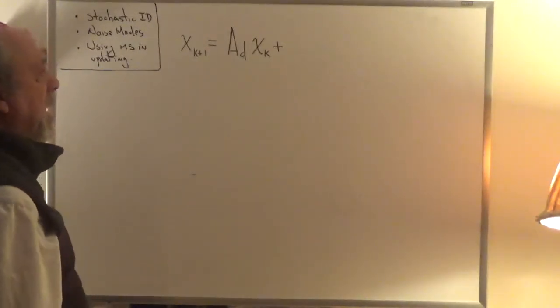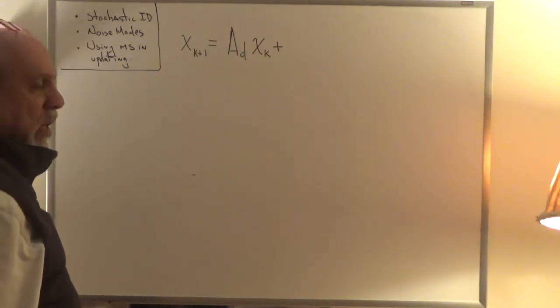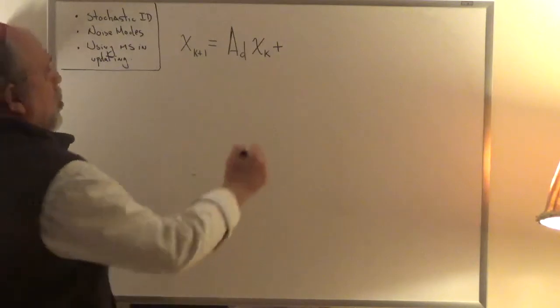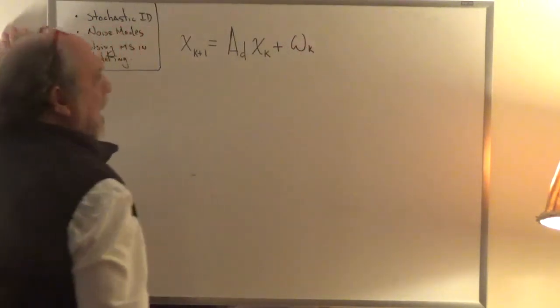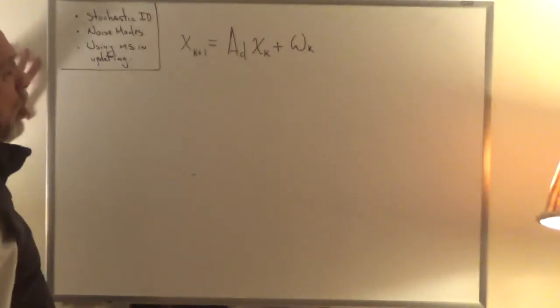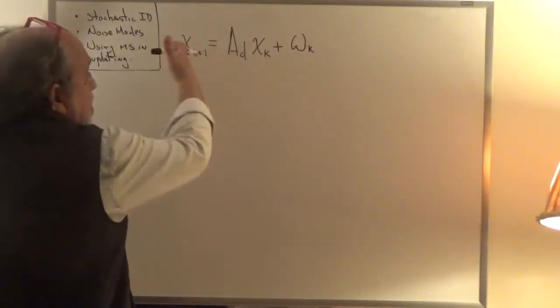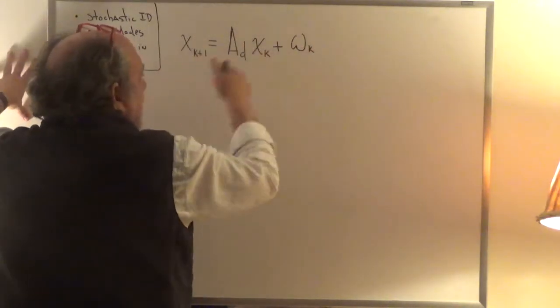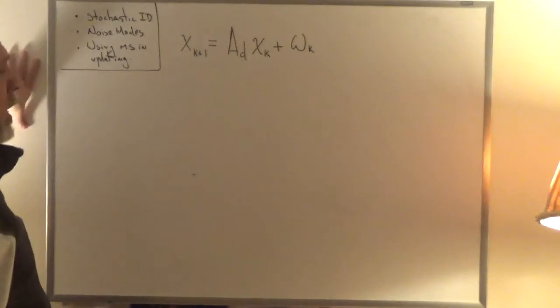So instead of saying B_d times f_k, let's just call it omega k, where omega k is just a vector of the right size, right? Because it has to have the size of x k, but that's it. We don't know what it is.